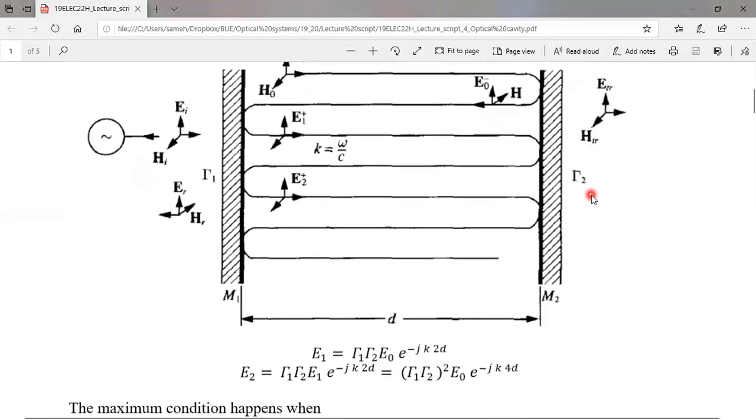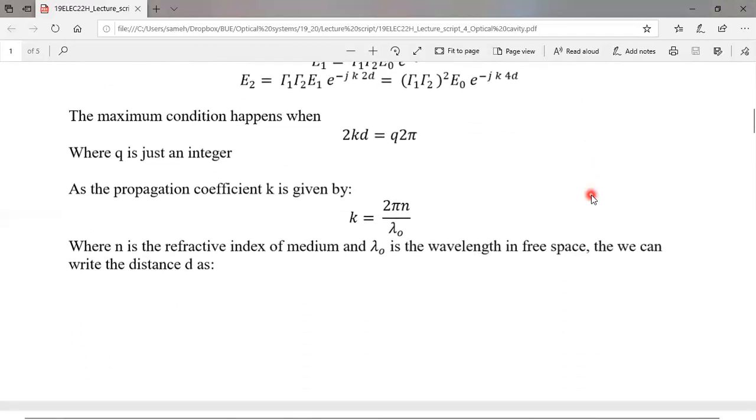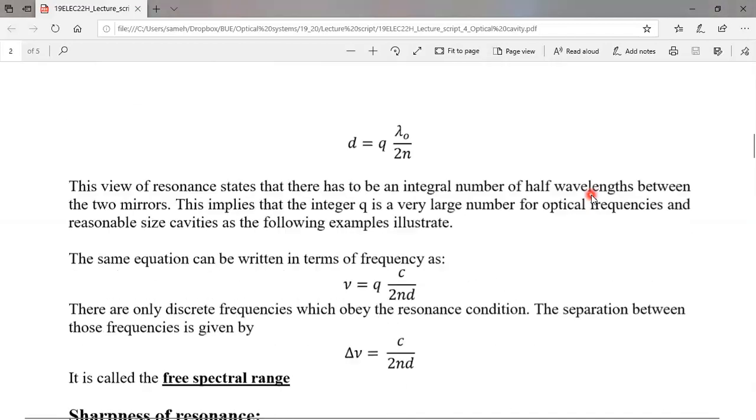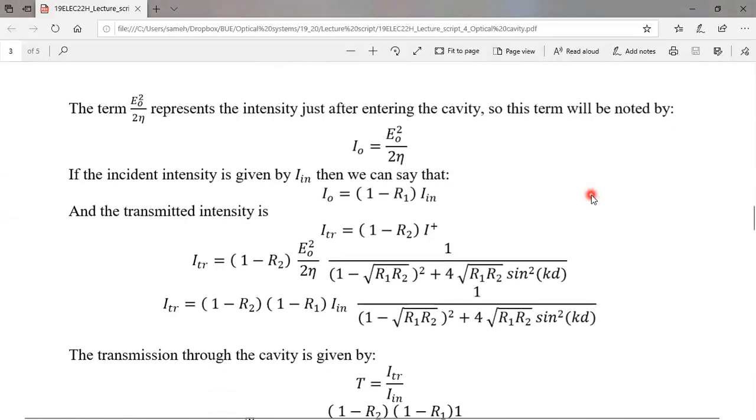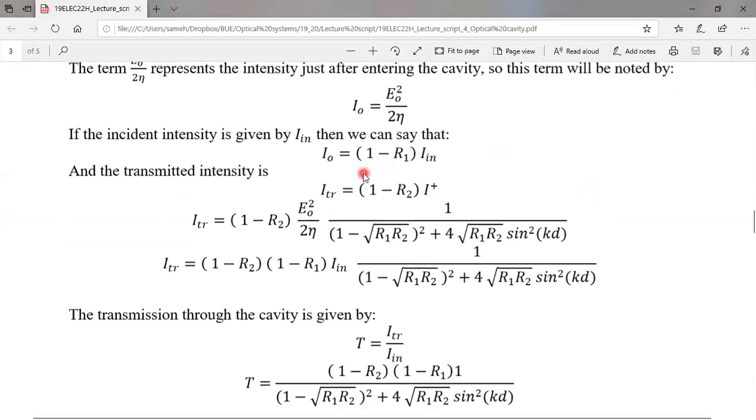So in order to express the amount of energy transmitted in the cavity, you can simply say that the intensity transmitted is the incident intensity coming from the first mirror or the first border multiplied by 1 minus R2. Very simple like that.